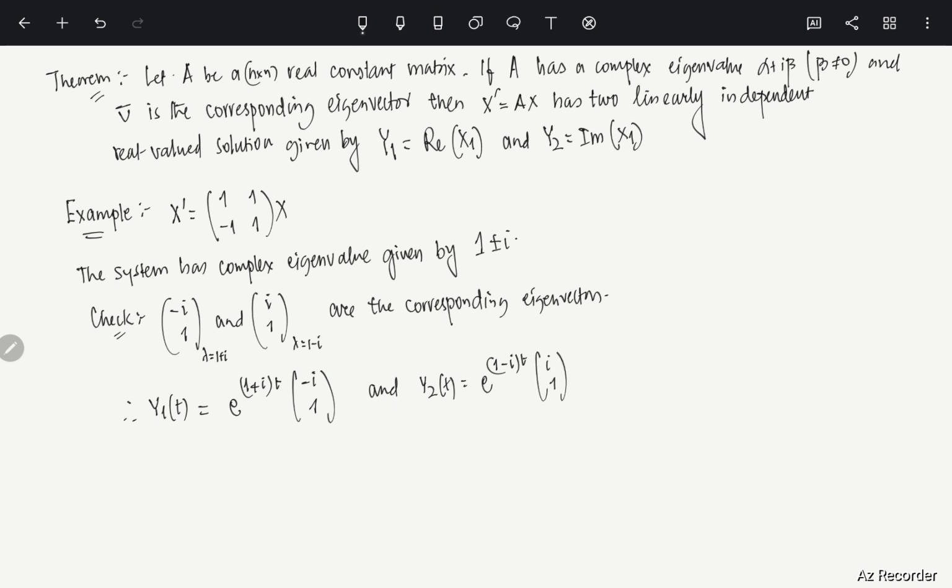Clear? Now the thing is, these are complex values, right? So I have to make it real valued. It doesn't really matter for y1 and y2; you do not have to write it like this.